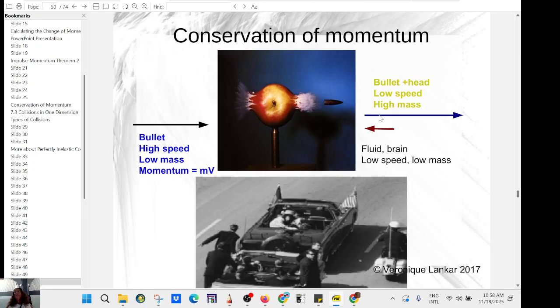After, it's even larger because the bullet didn't slow down that much, but now you have stuff, you have the pulp, so that will add up. But that violates conservation of momentum. It doesn't go well with nature. Nature says, no, it cannot be. The momentum after cannot be larger than the momentum before.